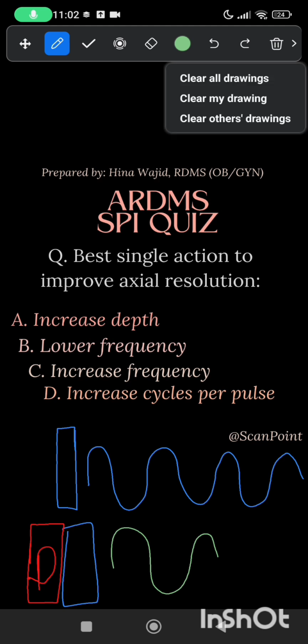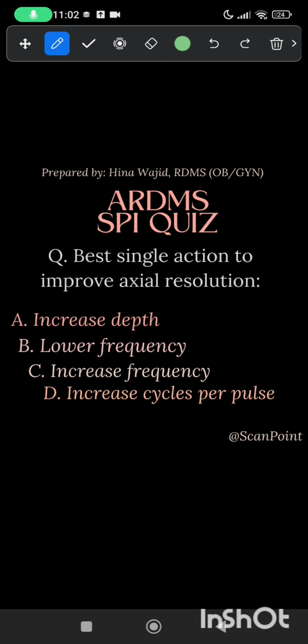So when SPL is short, axial resolution is good, because axial resolution is SPL divided by 2. Higher frequency reduces the wavelength. We should also know that higher frequency reduces penetration.